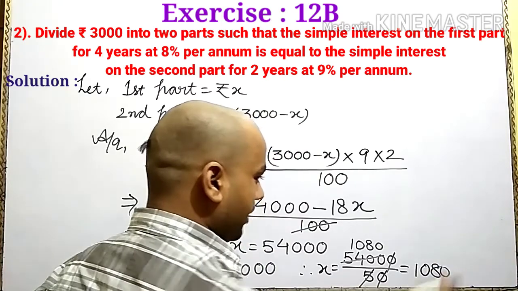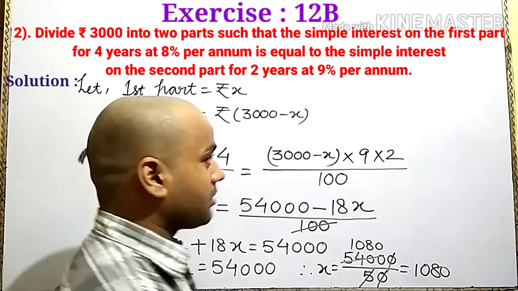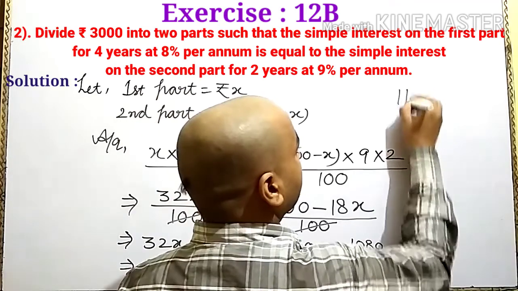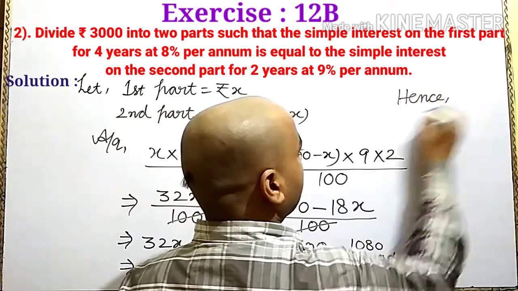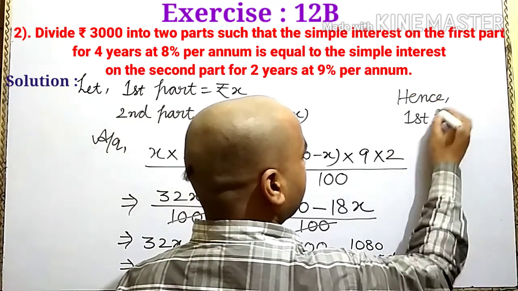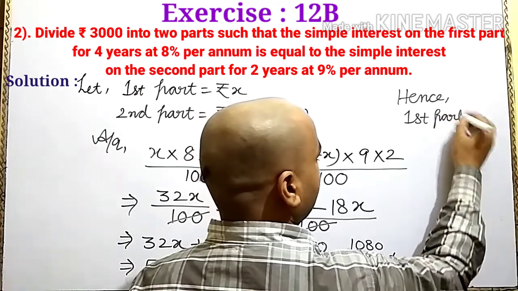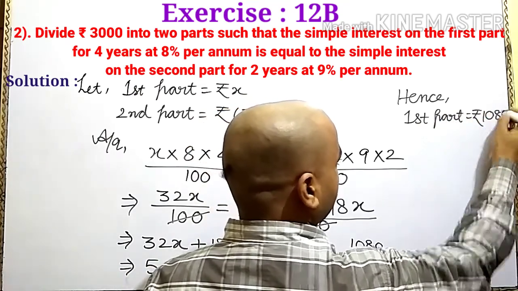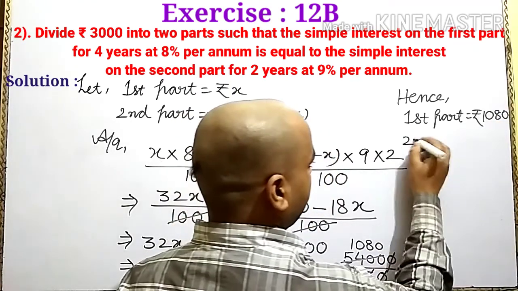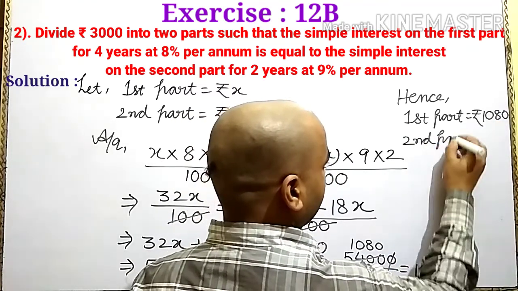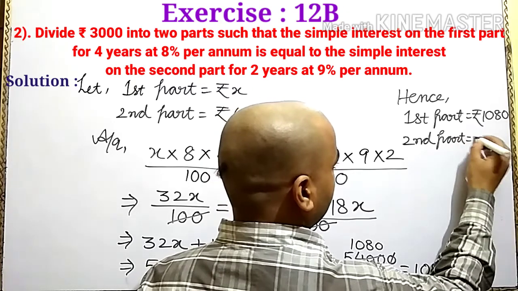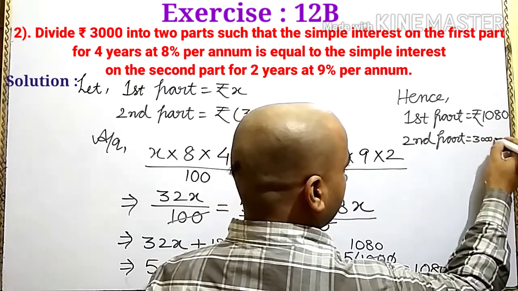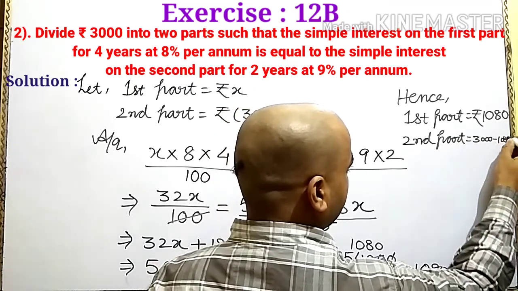So lastly we find the parts. Hence first part is equal to 1080 rupees. Second part is equal to 3000 minus 1080.